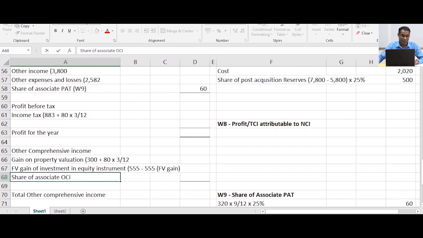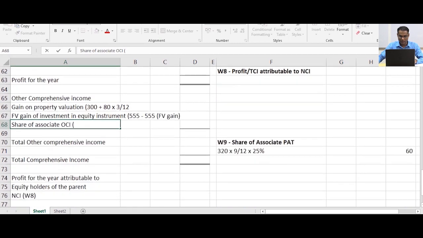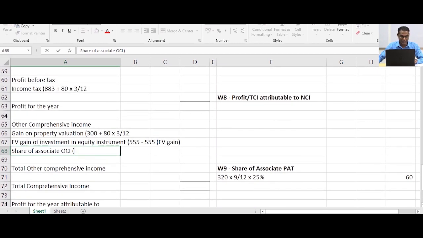Earlier, share of associate profit after tax. I'll take the figure from working number 9 itself, or else I can do an additional working, so let's take it as working number 10. Working number 10, I would say.